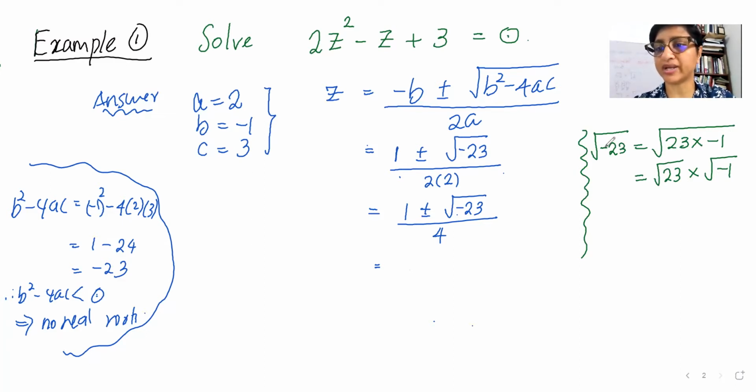This step I just wrote minus 23 as 23 times minus 1. That's completely okay. And then this is a rule: if I have the square root of the product of two things, I can separate it out as the square root of this times the square root of that, as two surds. And then what I have here is root 23 times i, so this is root 23 i.